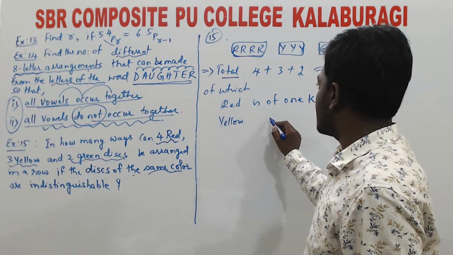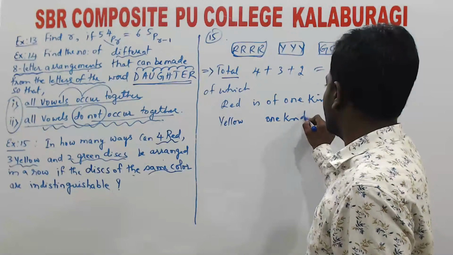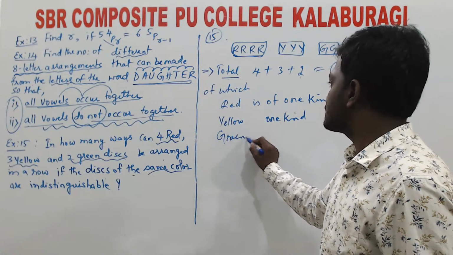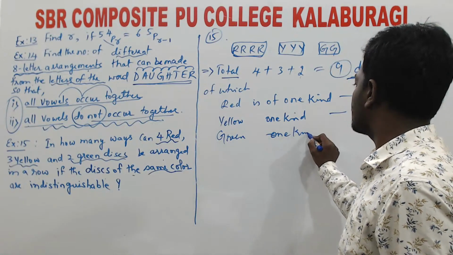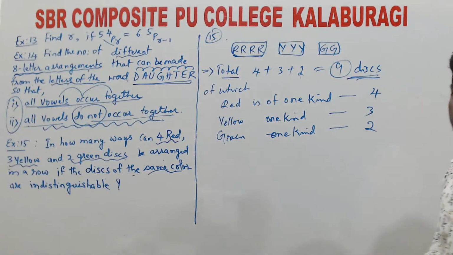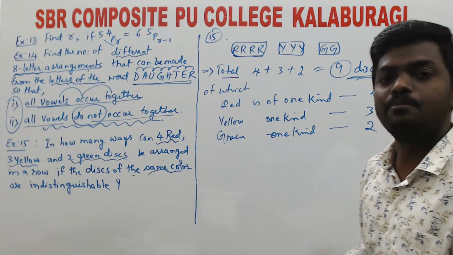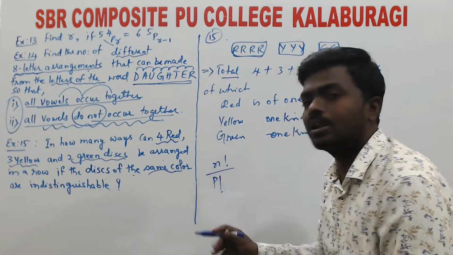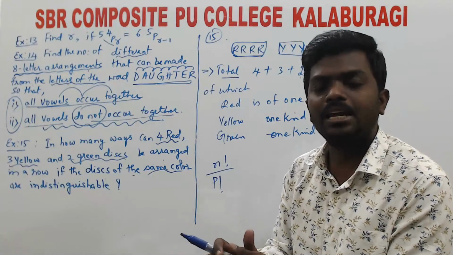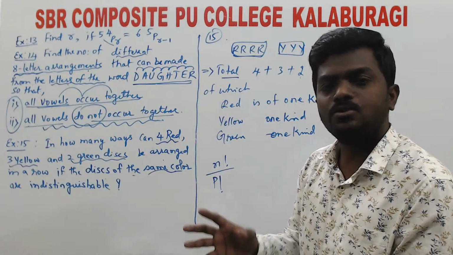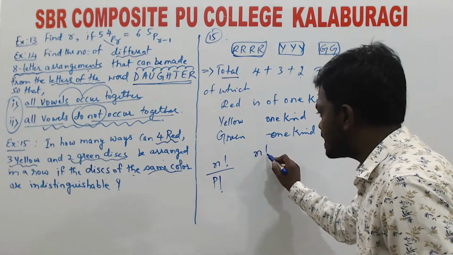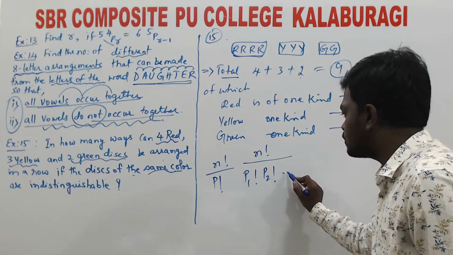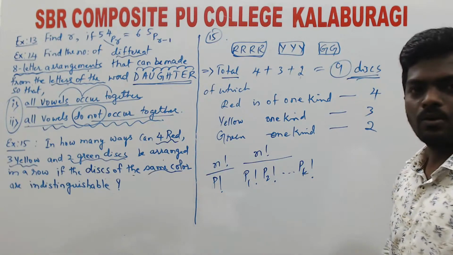Yellow discs are of one kind, 3 of them. Green discs are of one kind, 2 of them. So what is the formula for such questions? Yesterday we discussed n factorial by p factorial if p is of one kind, but here we have more objects of similar kind. So in general we have written n factorial by p1 factorial, p2 factorial, and so on up to pk factorial.